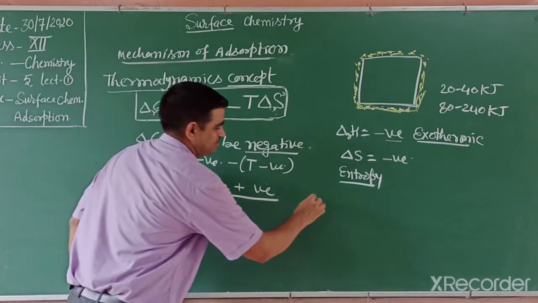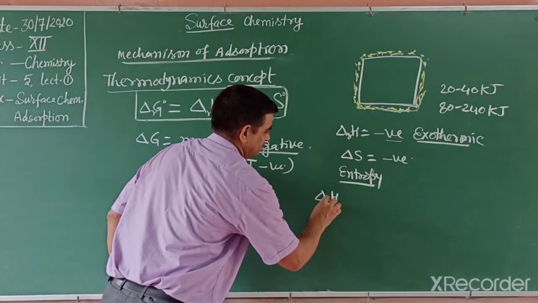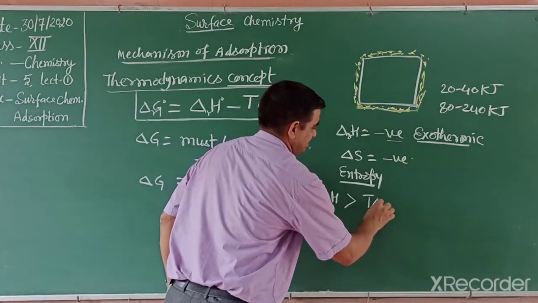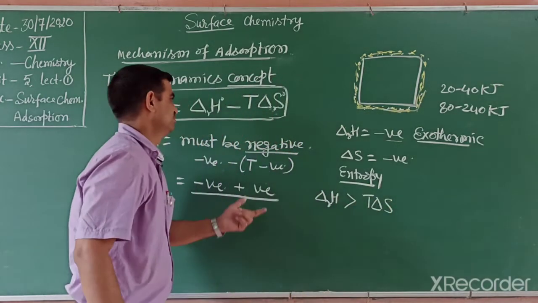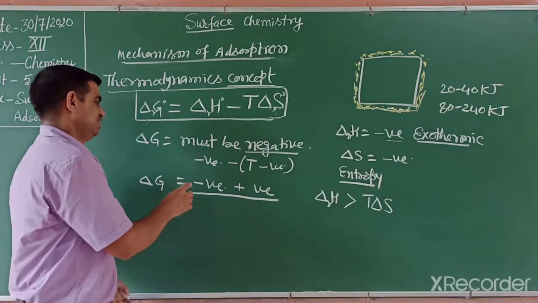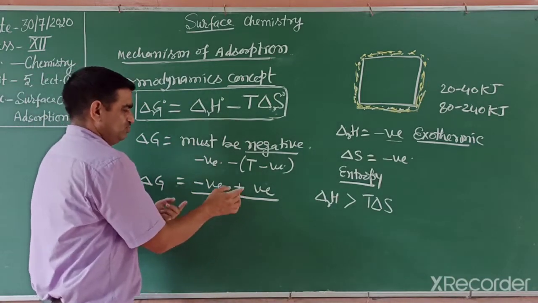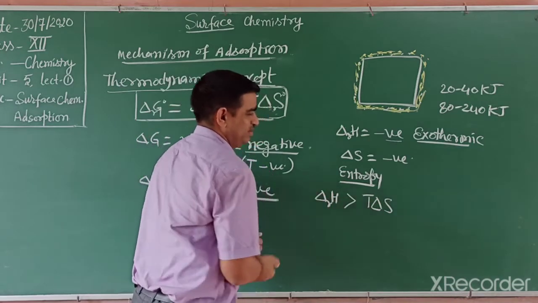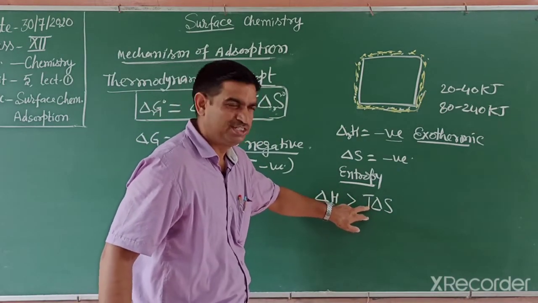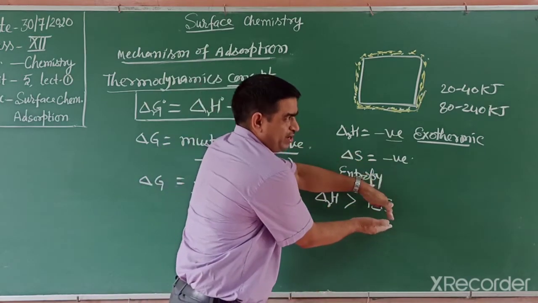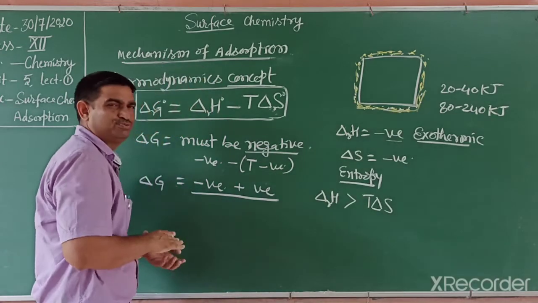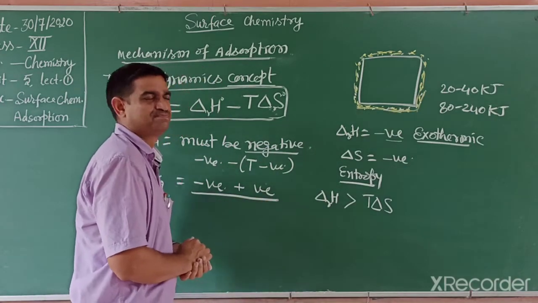If the adsorption enthalpy is greater than the T delta S value, then adsorption occurs, because delta G must be negative. This also depends on temperature. At lower temperature this term has a lower value; at higher temperature, a higher value. So adsorption occurs at lower temperature.